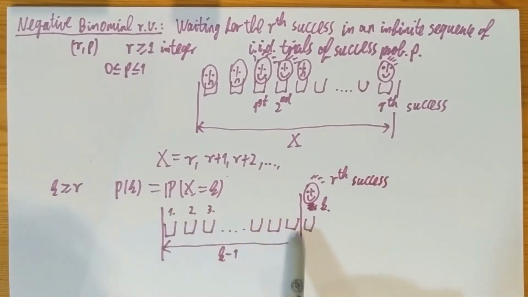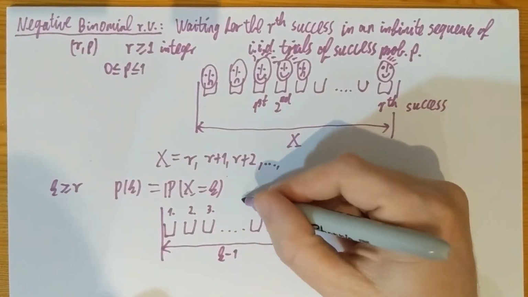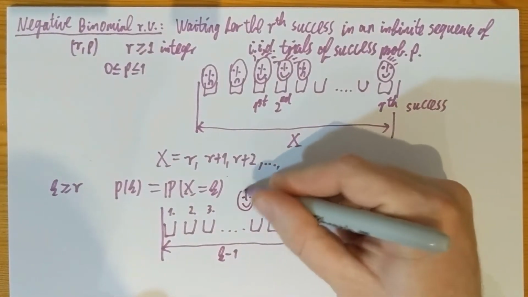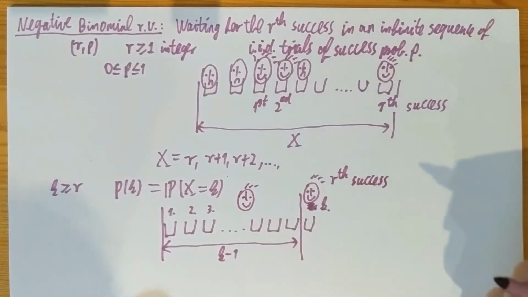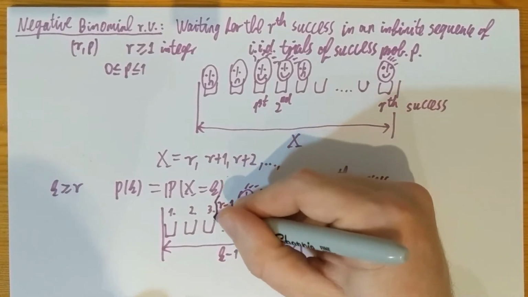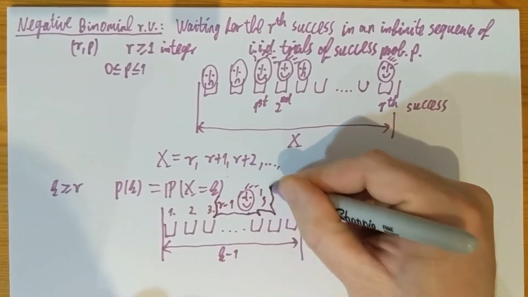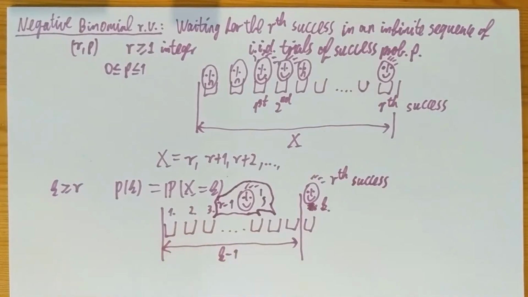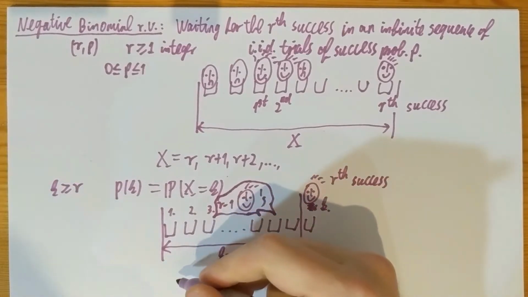And beforehand, we have K minus 1 trials, and somewhere distributed in here a total of R minus 1 successes, somehow distributed. In these K minus 1 spots, there are going to be, in any order, R minus 1 successes and all the remaining K minus 1 minus R minus 1 failures. So let me write this out again.